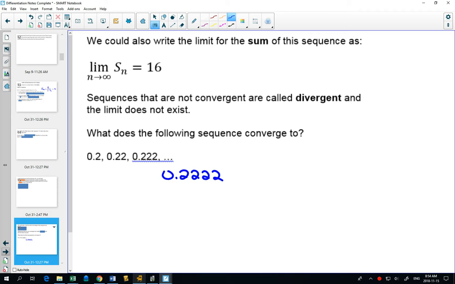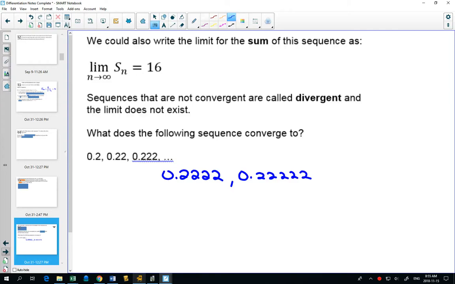What's the next number? 0.22222. To what number does this sequence converge? What? It's not infinity. You think it gets close to 10 billion? No. What would you say?